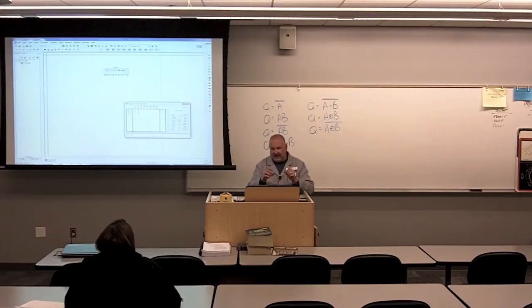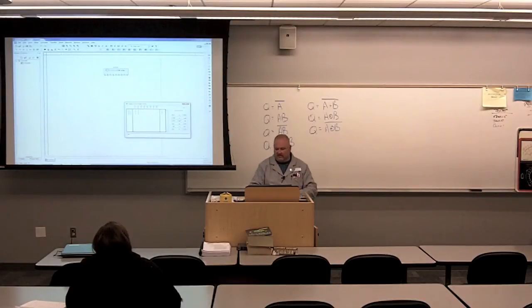It's A and B not. Okay, so watch how I enter this. A and B, and then I use a hyphen here. That's the not symbol. Hyphen, apostrophe. That's an apostrophe, not a hyphen. It's an apostrophe.